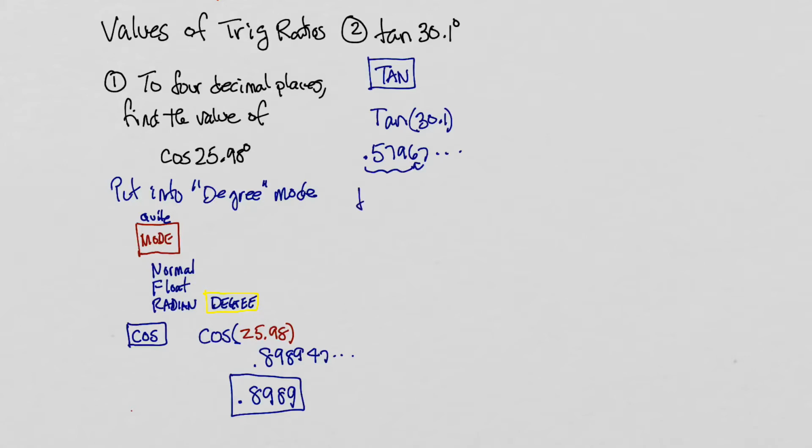So the tangent of 30.1 degrees is 0.5797, rounding up.